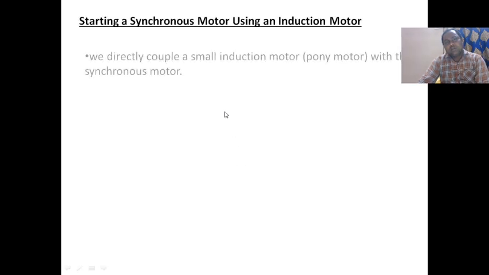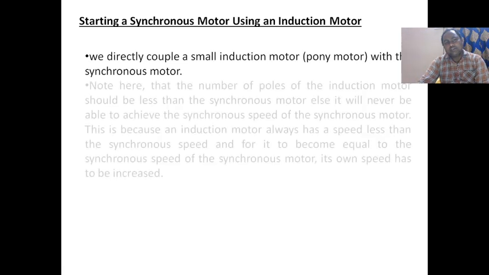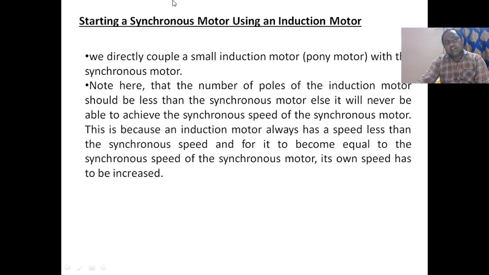So to start the synchronous motor, we use separate machines. That is starting of a synchronous motor using an induction motor. First, we directly couple a small induction motor or pony motor with the synchronous motor. Note that the number of poles of the induction motor should be less than that of the synchronous motor, else it will never be able to achieve the synchronous speed of the synchronous motor.